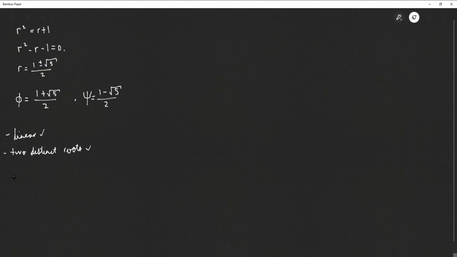So this gives us the general solution, again, of fn is equal to a phi to the n plus b psi to the n. And here a and b are constants, but they are determined by the initial conditions.